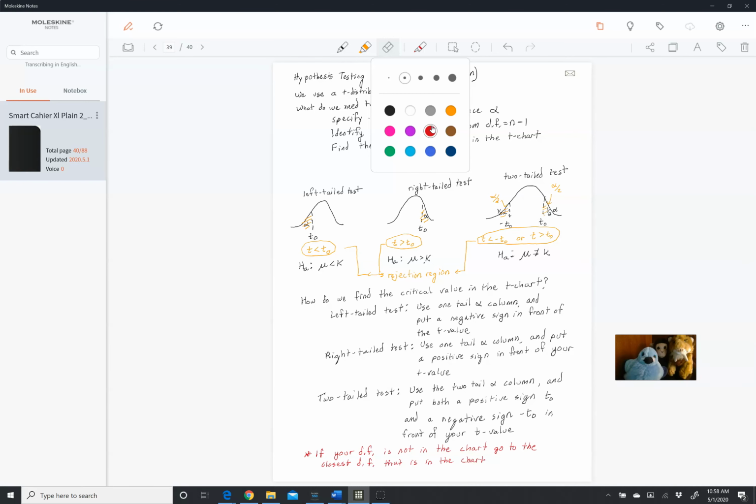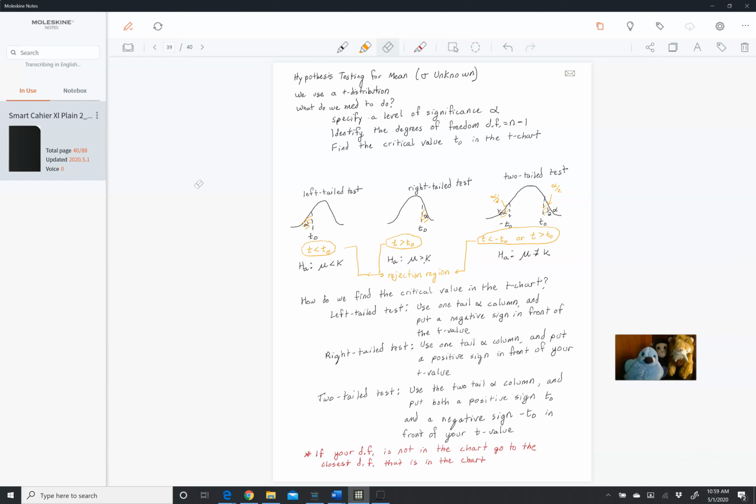This is because sometimes we don't choose these nice, neat samples that are always so perfect and are always in the chart. A lot of times when we were going to the z-score chart and looking at areas, the area that we wanted wasn't always in the chart, so we went to the one closest. Same thing is true here.